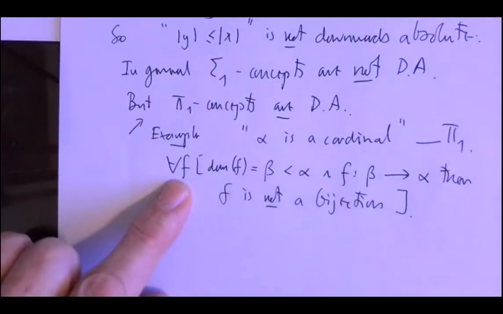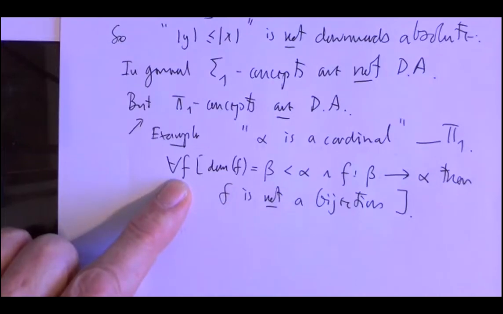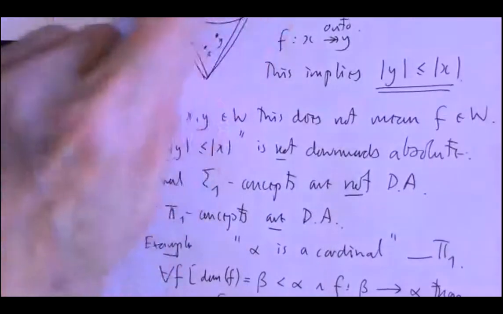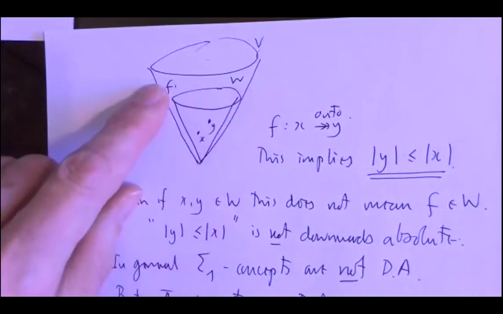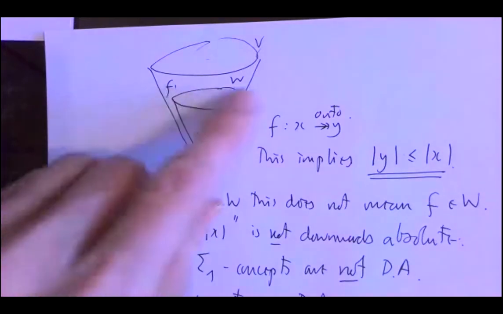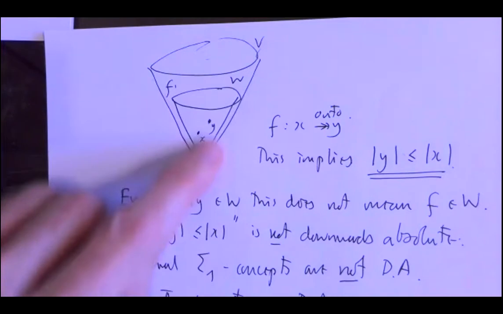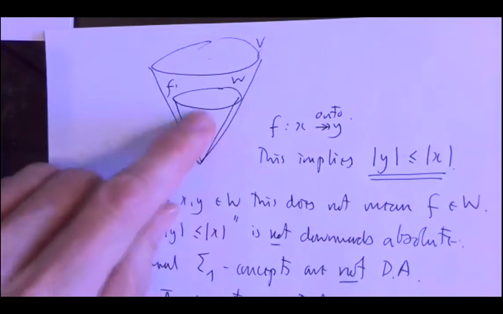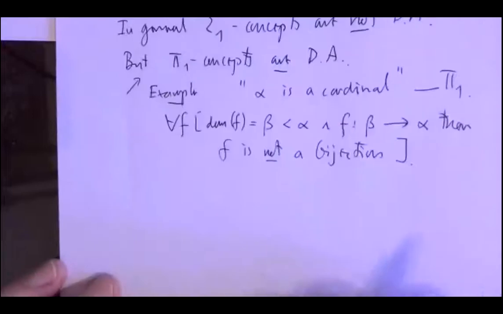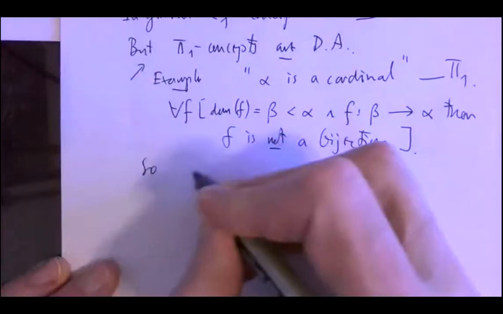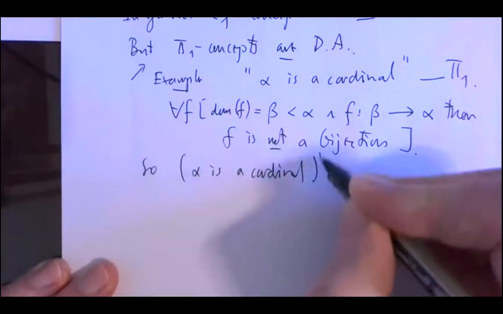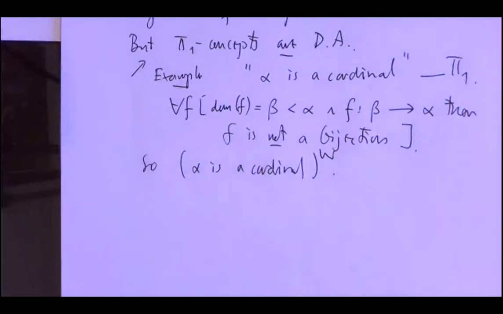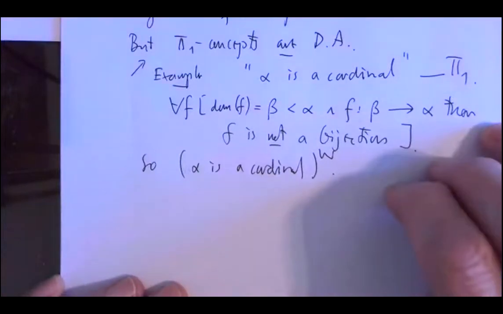But this is a pi 1 thing. It talks about all functions. So if this is true in V, it's about all possible functions there are between alpha and something smaller. But that includes the functions that are in W. So W must also think that alpha is a cardinal. But again, the converse doesn't happen.